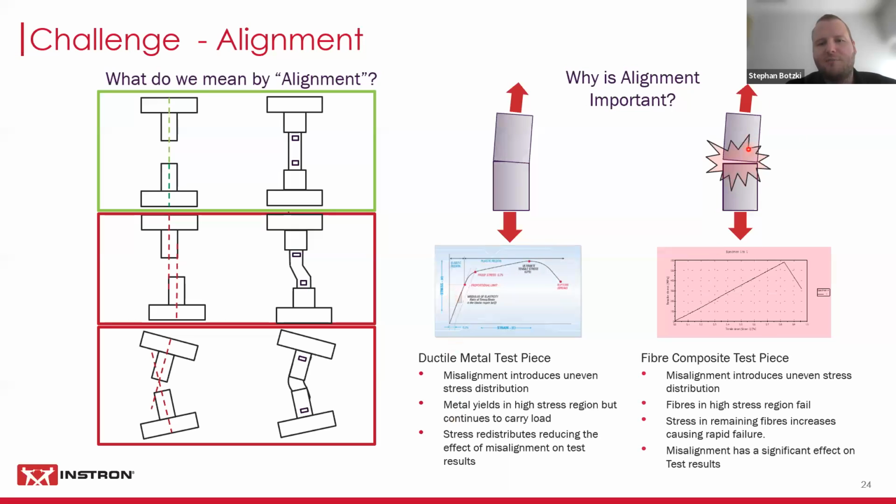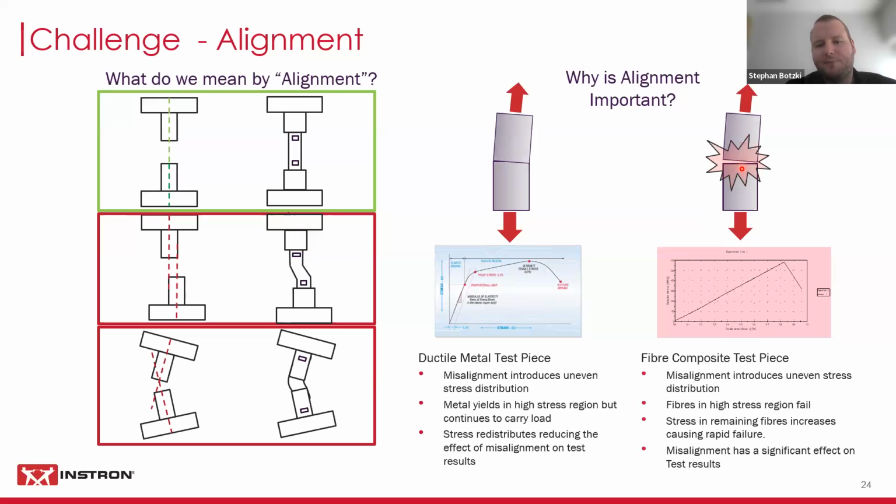So if we think about the same example with a composite, you're going to have a misalignment, uneven stress distribution. You're going to pull much more here. Fibers in this region can only strain so much, only a few percent usually. If you have a unidirectional material, it's going to be 1, 2, 3% of strain. And then the fibers are just going to break in this region, which transfers the forces to the rest of the fibers, which then also will be overloaded pretty quickly, and you're going to have a rapid failure.